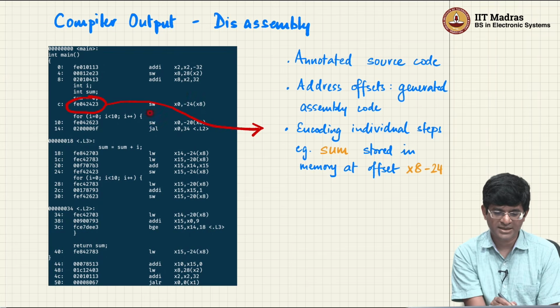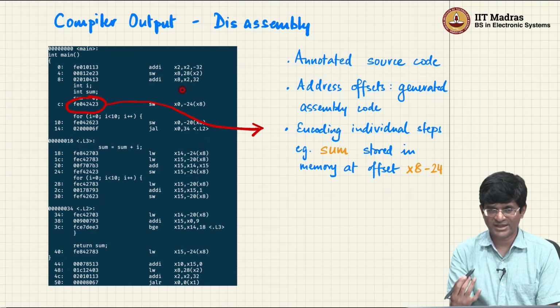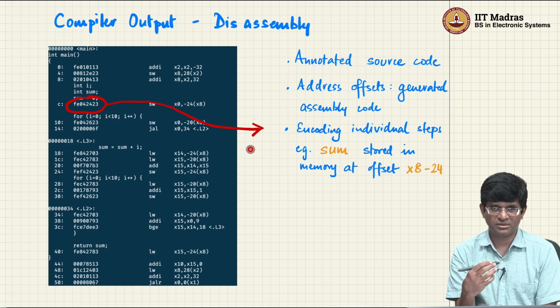The details on the right essentially say I am going to take the value x0, which is the value 0 itself, and store it into a memory location, mem of x8 minus 24. Why x8 minus 24 and so on, right now just ignore it. The important point is it's a location in memory.